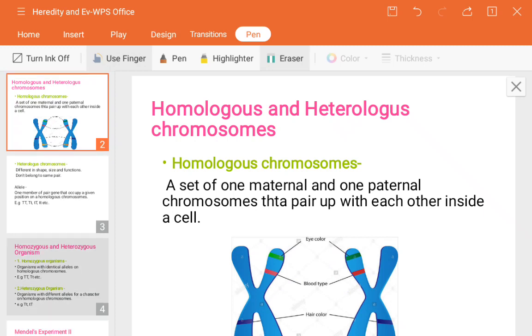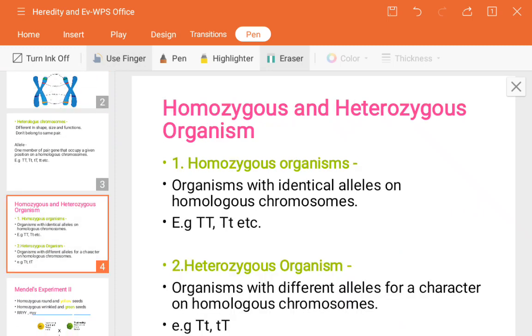Now here we will see that organisms with identical alleles on the homologous chromosome are known as homozygous organisms. In the first filial generation, what happened? He crossed tall and dwarf plants. What result did he get? He got tall plants.